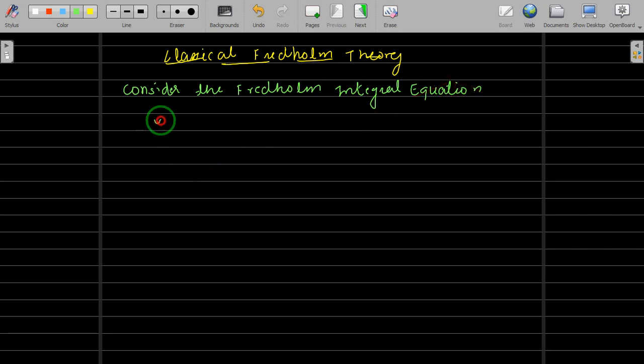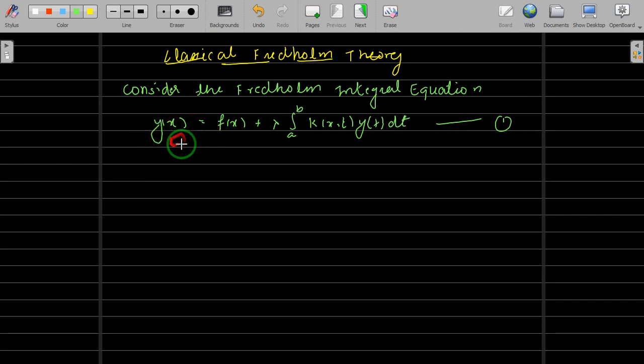Let us take this equation: y(x) = f(x) + lambda integral from a to b of K(x, t) y(t) dt. Let us take this as equation number 1.